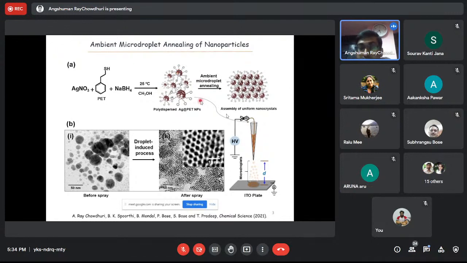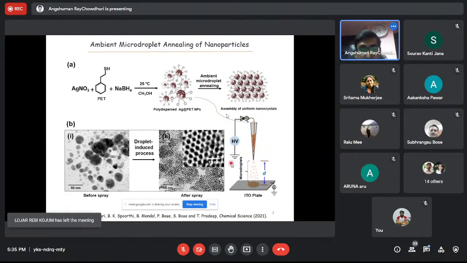So we are producing the monodispersed, uniform assembly of nanocrystals by the ambient electrospray, and we term this process ambient microdroplet annealing. Ambient microdroplet annealing is a newborn approach for the transformation of the polydispersed nanoparticle to the monodispersed one.